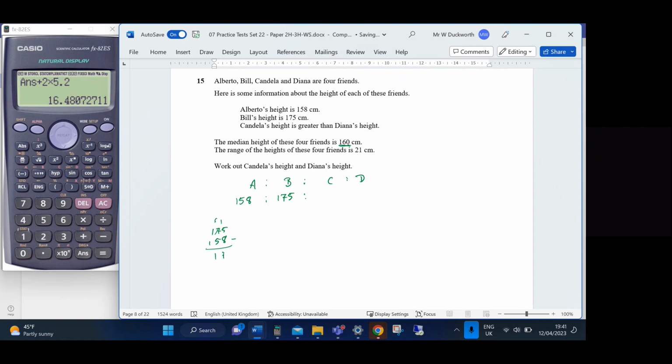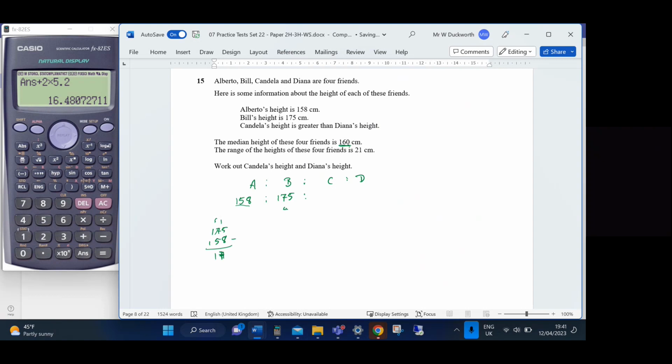So we have to have a height greater than that, and some values lower than that. And also to get a median of 160, this can't be the smallest. It could be the second smallest though.